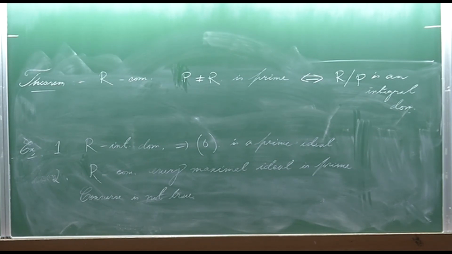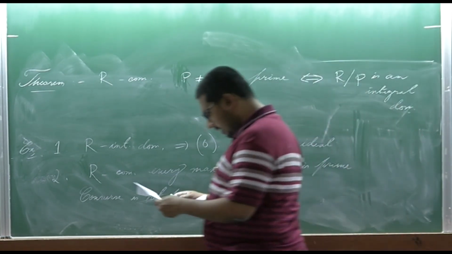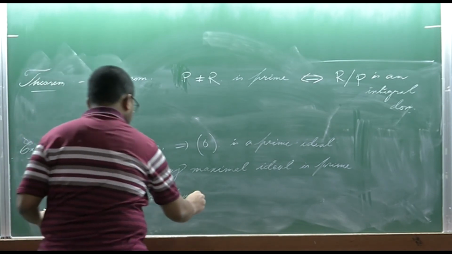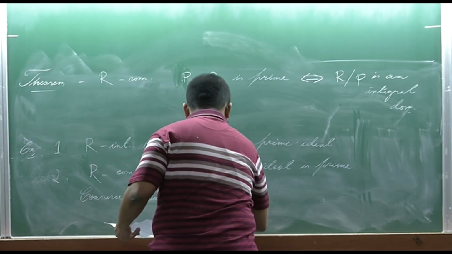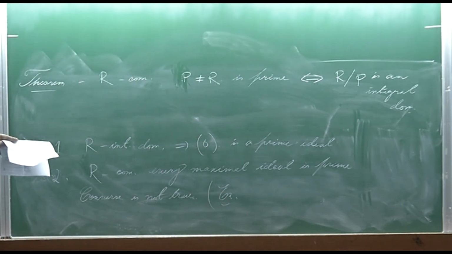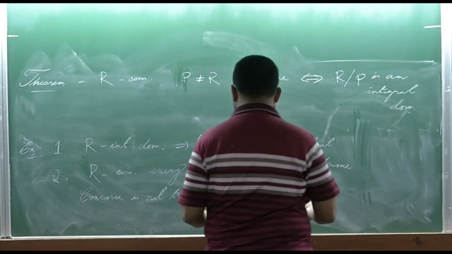Of course, one example I just told you is that if R is an integral domain which is not a field, then this trivial ideal is going to be a prime ideal which is not maximal.